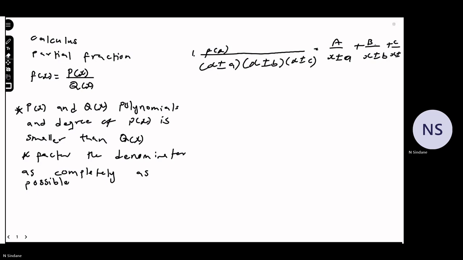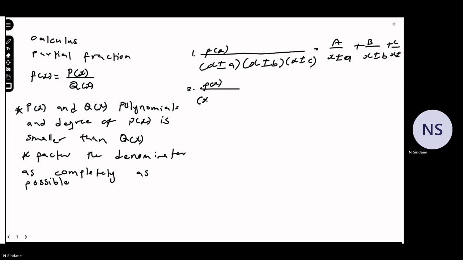This is how you can do it. If you're given something like this and you are able to factorize completely, then for those factors you can write a over x plus or minus a plus b over x plus or minus b plus c over x plus or minus c, right?